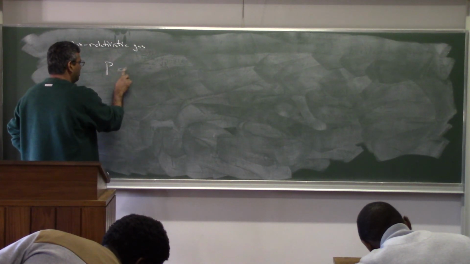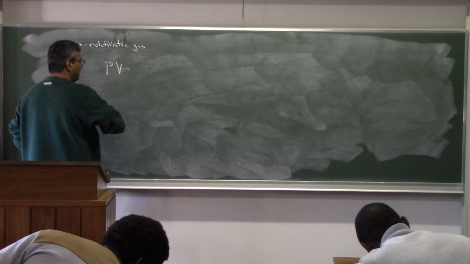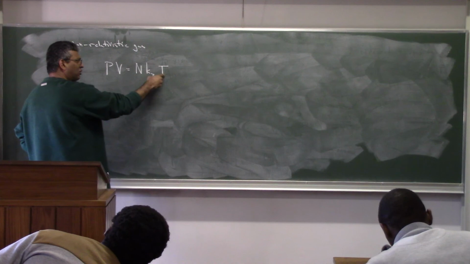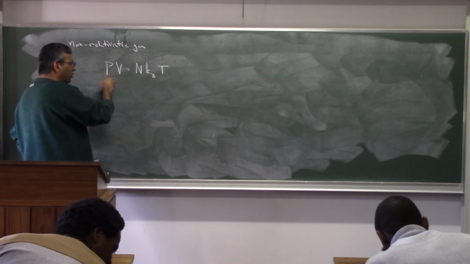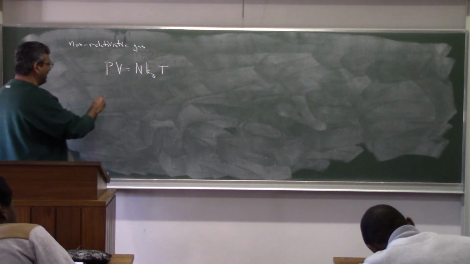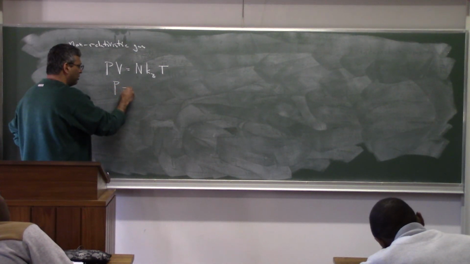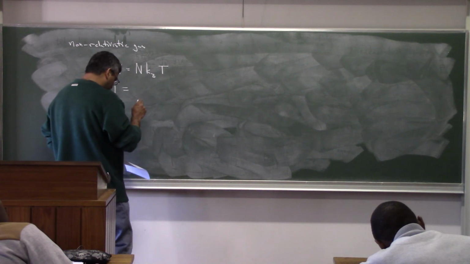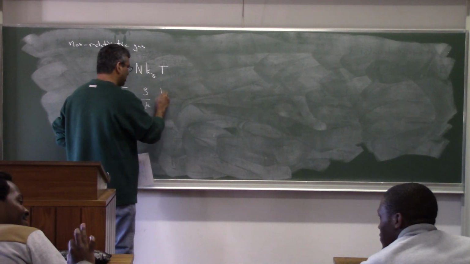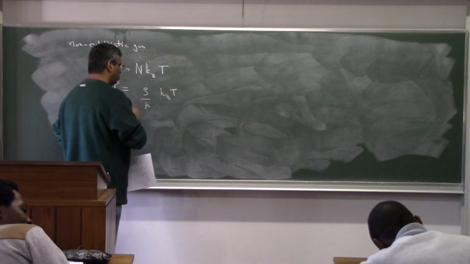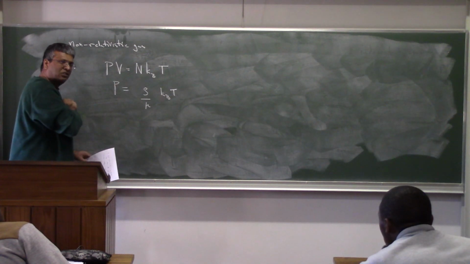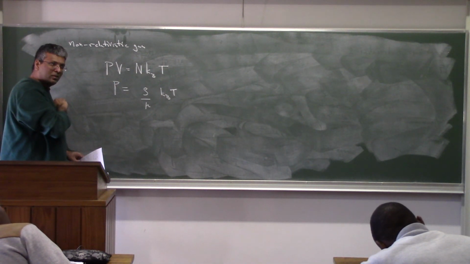We usually write it as PV equals N k_B T, where T is temperature, N is the number of particles, P is pressure, and V is volume. But we're going to write this slightly differently: P equals rho over mu times k_B T. Here rho is the mass density, so essentially we divide both sides by the volume.